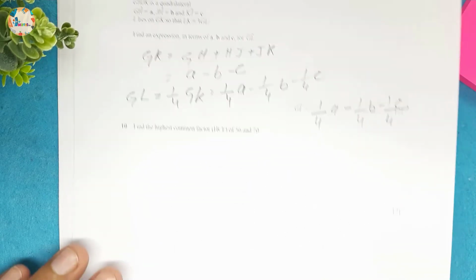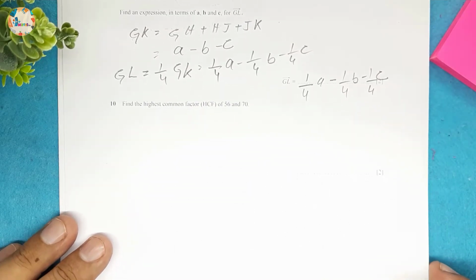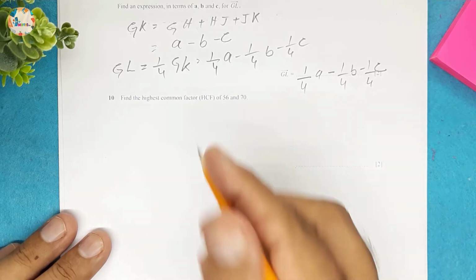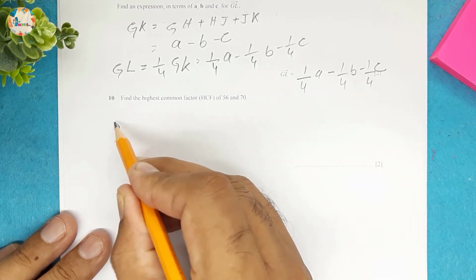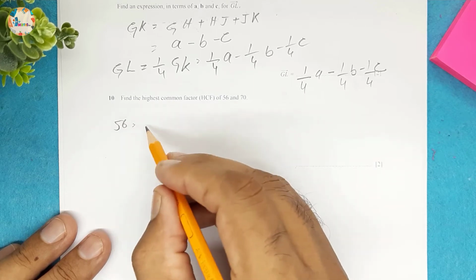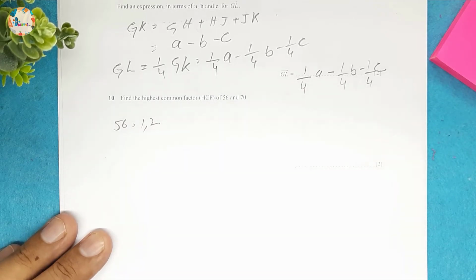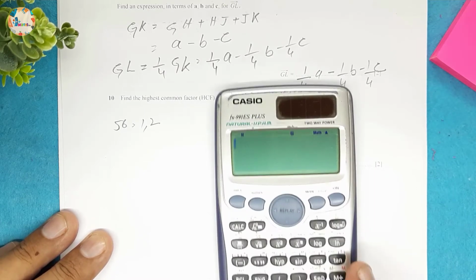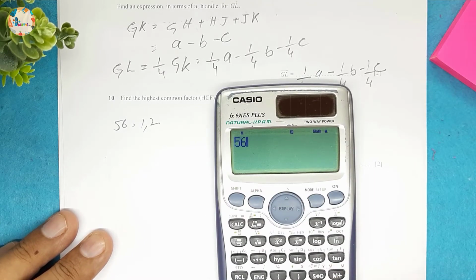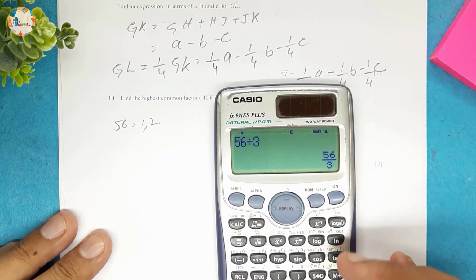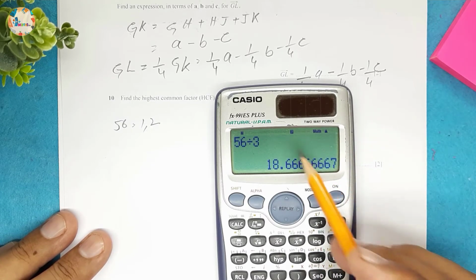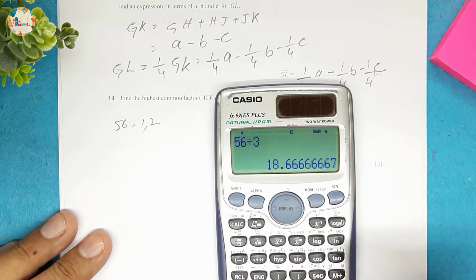Find the highest common factor of 56 and 70. So factors of 56: we can write 1, and it's divisible by 2, and we can check by calculator also. 56 is not divisible by 3 because we are getting a decimal.